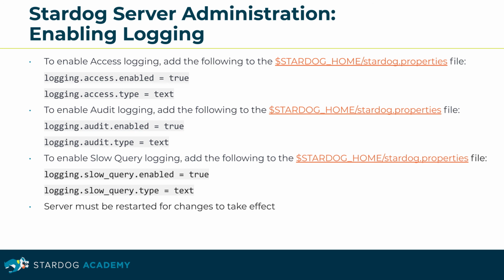For example, to enable slow query logging, the logging properties to add to the stardog.properties file are logging.slow_query.enabled equals true and logging.slow_query.type equals text to configure the format of the log file. Note that the server must be restarted for the changes to take effect.